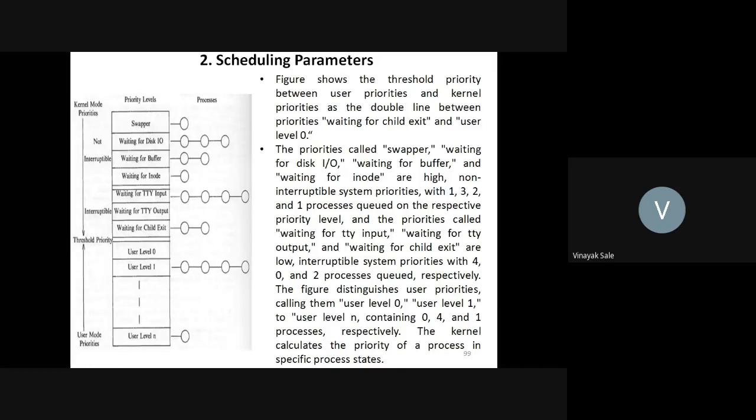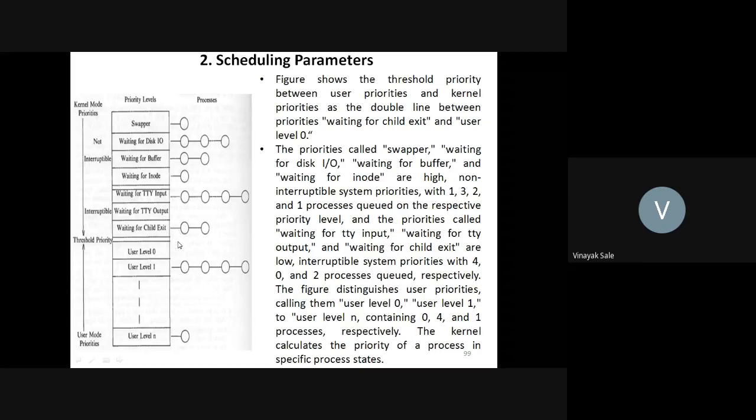These are queued on their respective priority levels. The priorities called waiting for TTY input, waiting for TTY output, and waiting for child exit follow. For waiting for TTY input, there are 4 processes. For waiting for TTY output, there are 0 processes, and for waiting for child exit, there are 2 processes queued respectively.